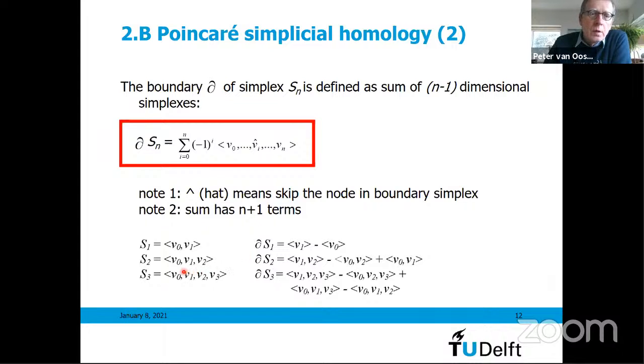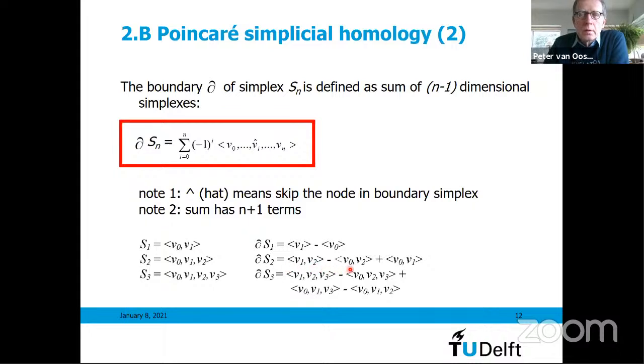I will do it one more time for a few elements of the simplex S2, the triangle. 3 points: 0, 1, and 2. The first one, i is 0: I omit vertex 0, so I just keep 1 and 2 with a plus.